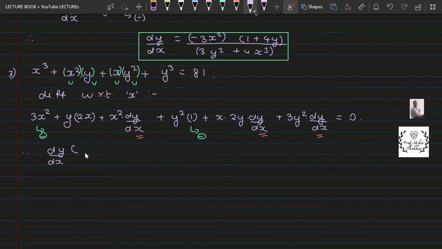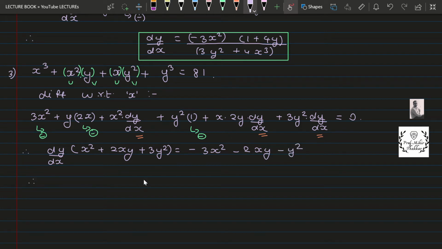The first term over here is x square plus 2xy plus 3y square. Then on the right hand side it is minus 3x square minus 2xy and minus y square.